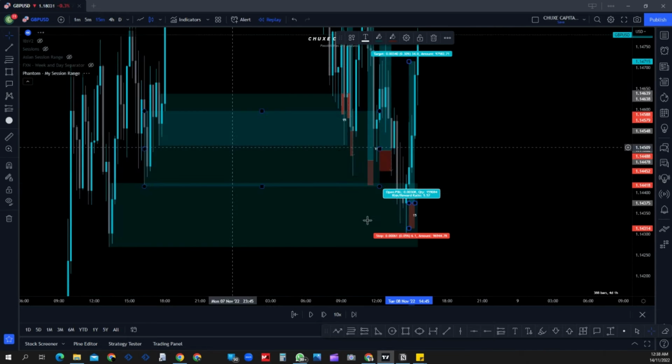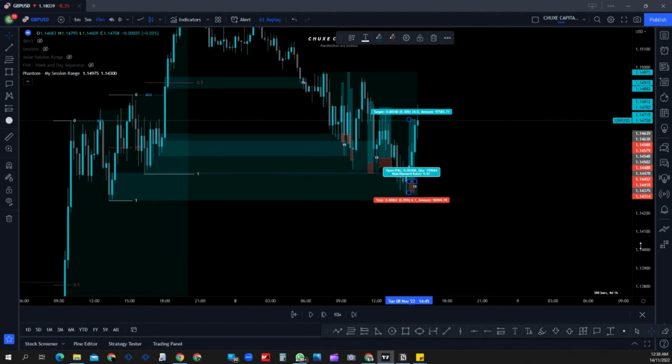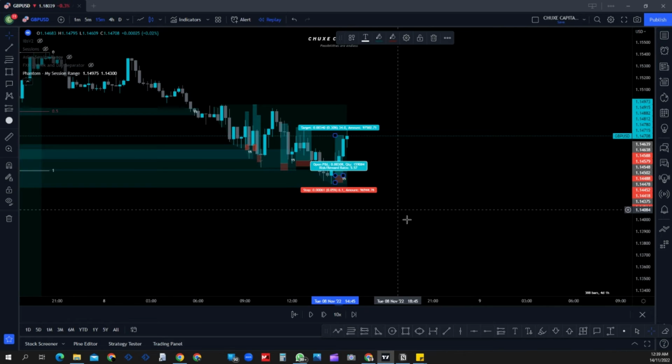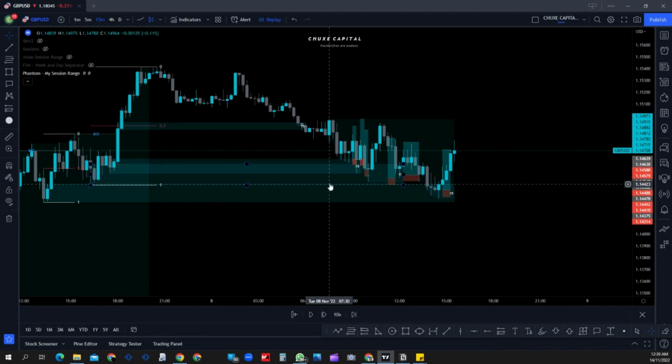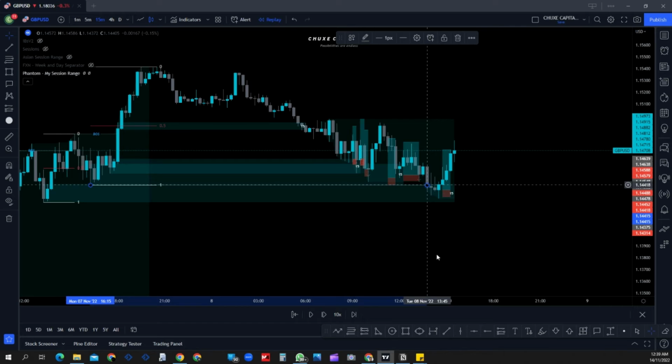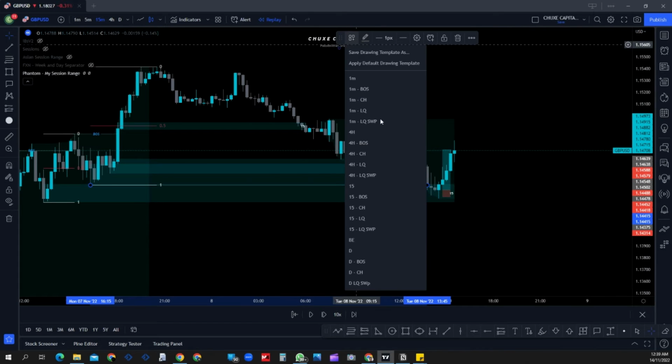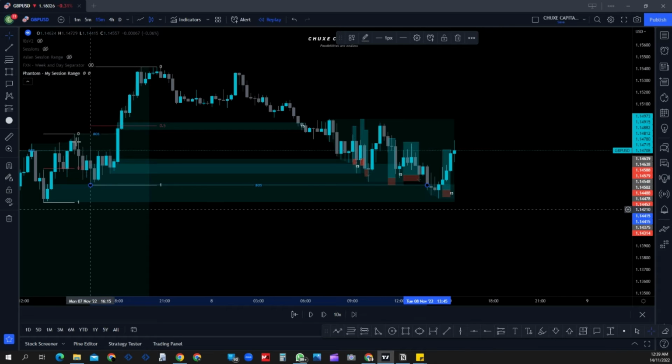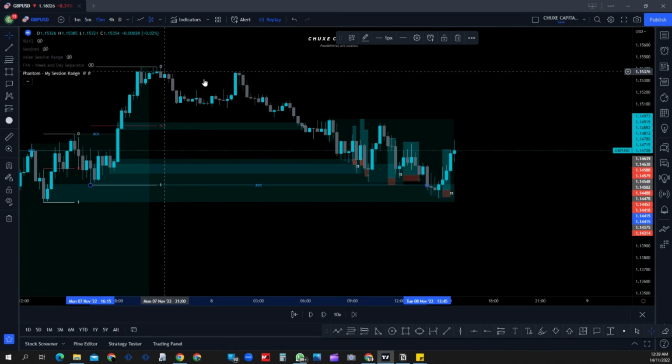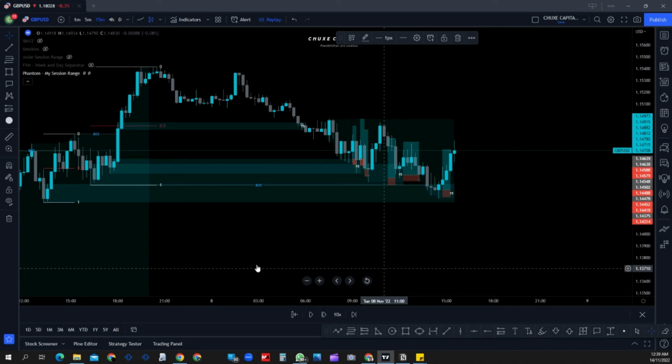So I think at this point we've not been taking note of our 15 minutes. Yeah, because yes, okay. It's just now that it's breaking this. So we have a 15 minutes break of structure.